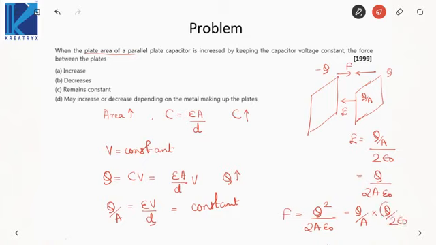So since the charge Q is increasing, the force will increase. This term here is constant. So remember the expression for force between the plates of a capacitor. You have to take the electric field due to one plate multiplied by the charge of the other plate.